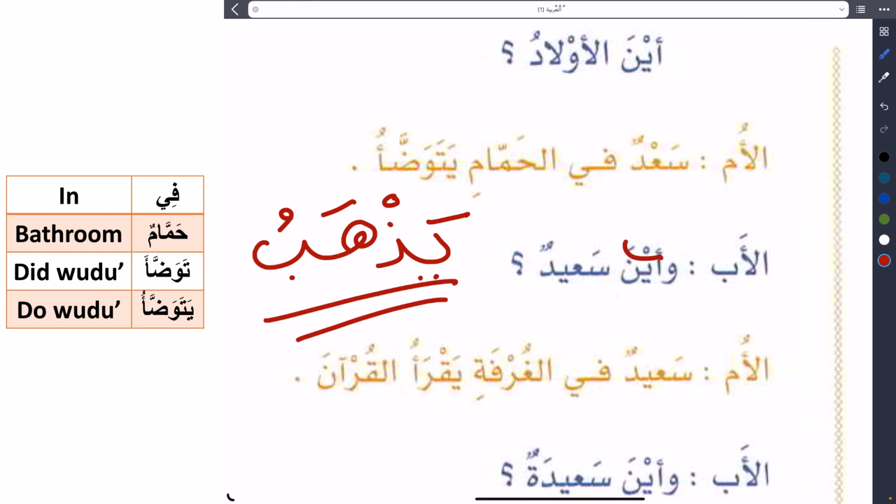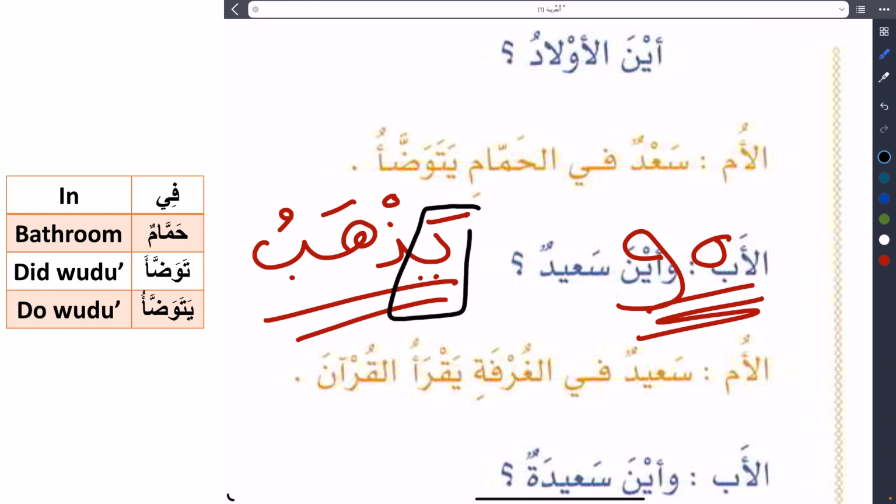Its meaning is to go, but you don't need to know it now. يذهب is a present. How to change it to be the past? Let's do that step by step. Remove the first letter and put fatha at the last. Let's write it. Dhal, ha, ba.